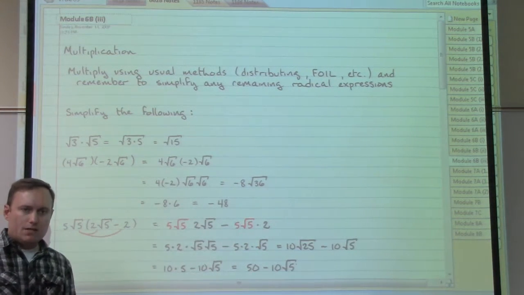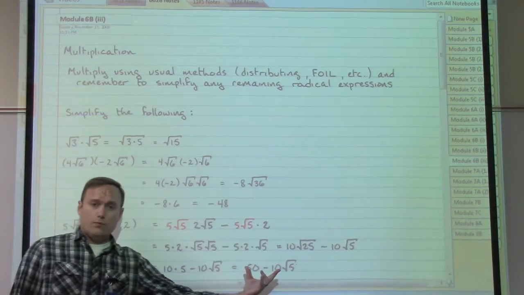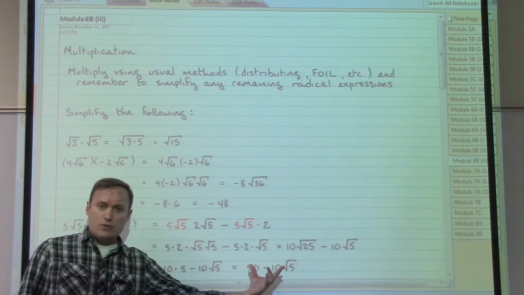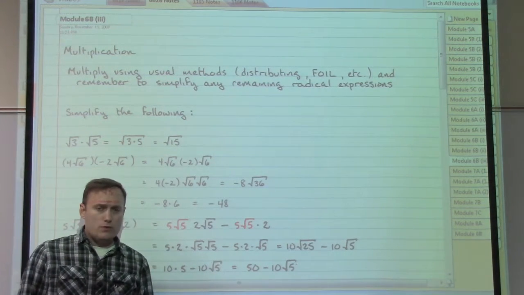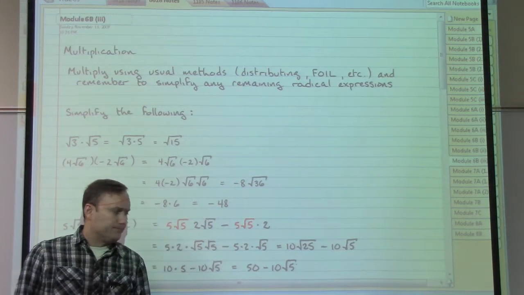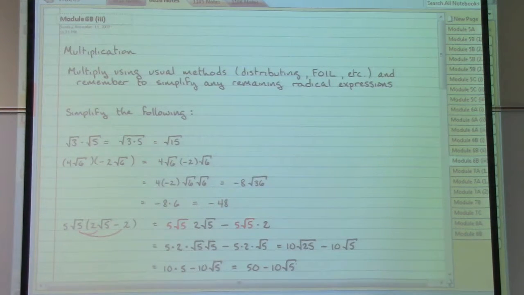But for a basic distributing problem, we do our distributing, we simplify each of those terms, and yeah, we're usually just good to go there. We can also use those same sorts of friendly comments about FOIL.